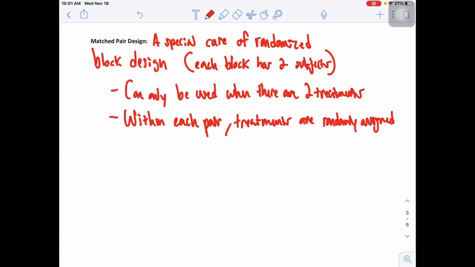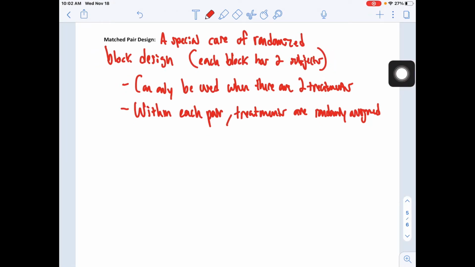I don't want to go too much into detail with matched pair. The only thing you should know from this is that there are only two treatments in this type of experiment, and we block subjects in pairs. So if I had 40 subjects, I would make 20 pairs.